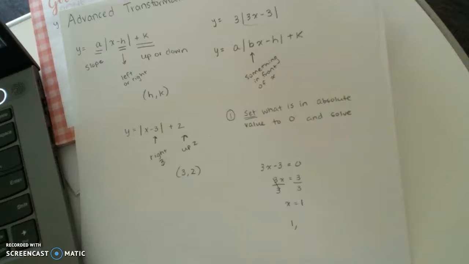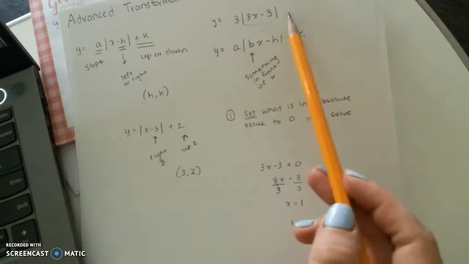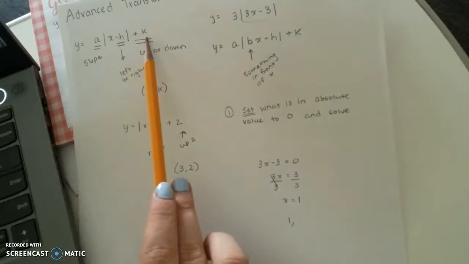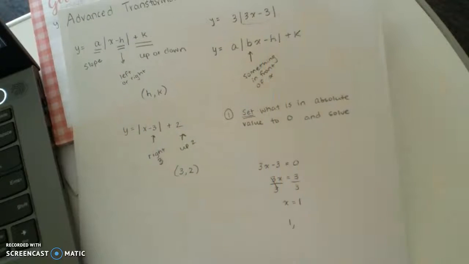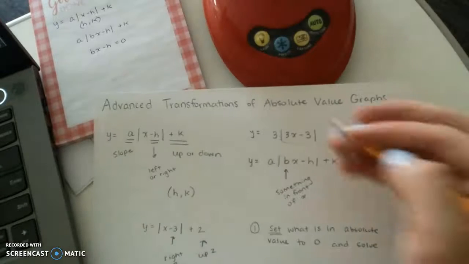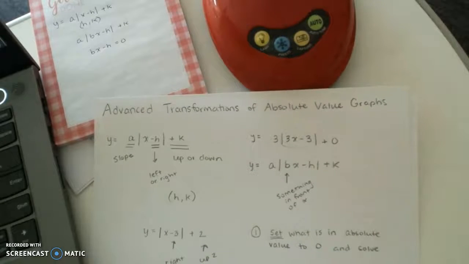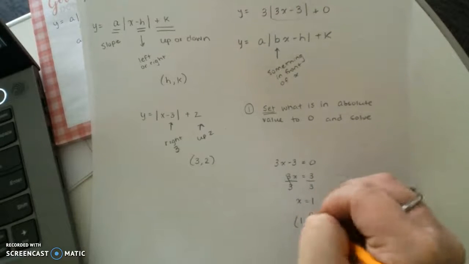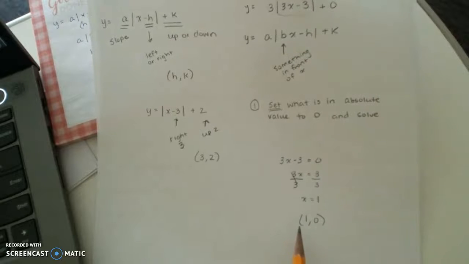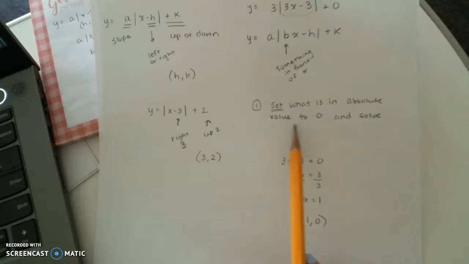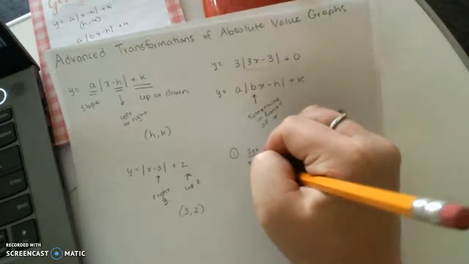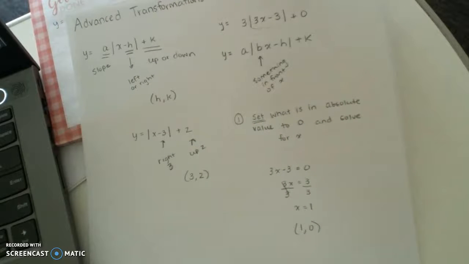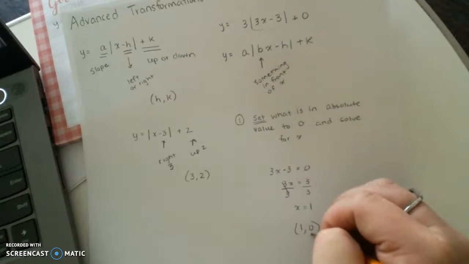And our y value is going to be whatever's hanging off of the end. Remember, because this shifts us up or down. So in this case, we have nothing hanging off the end. It's an imaginary 0. So our y value is going to be 0. So for the x, we set what is in absolute value to 0 and solve for x. And for our y, we look at our k. This is whatever our k is.